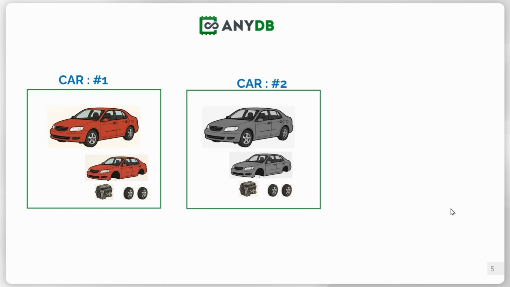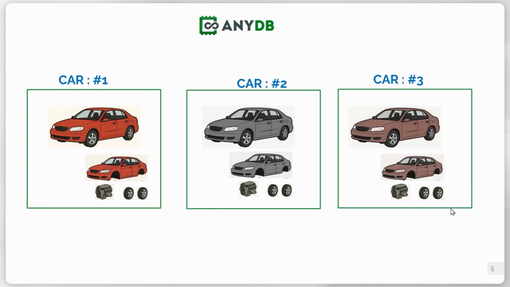Now, if you have another car, it's going to be another car object with a frame object, engine object, and other wheels connected with that car, and so on. Now, note that if the wheels have subcomponents, then the subcomponents will be attached inside this whole object, and then everything is connected together.